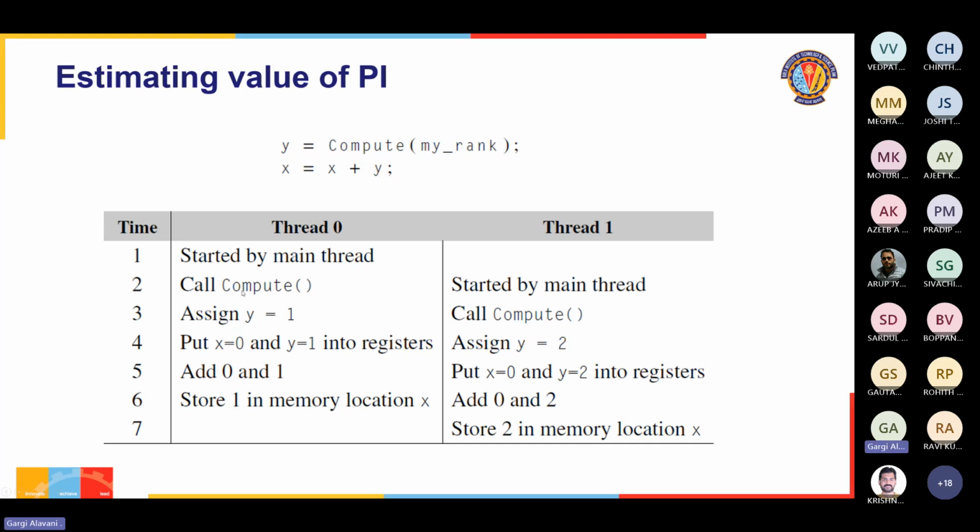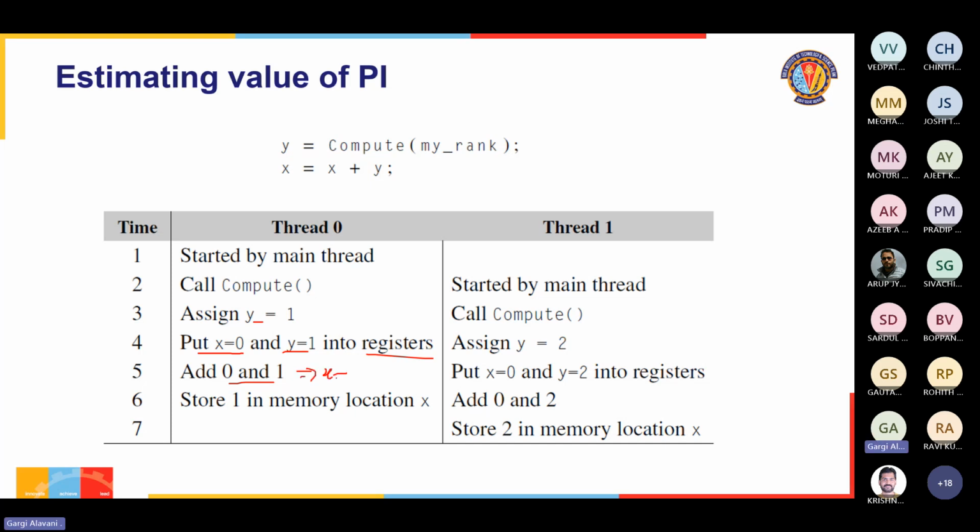So for example, here, as you can see, what is happening? The main thread gets started. It will call compute. It will assign the value of y equal to 1. During the same time, thread 1 starts in the next cycle. It will also compute 2. Then in the fourth line, as you can see in this table, x is equal to 0 and y is equal to 1, which are transferred into your registers. After the data is in your register, you do the addition. Typically, in your architecture, you add 0 and 1, and this updates your value of x, right?